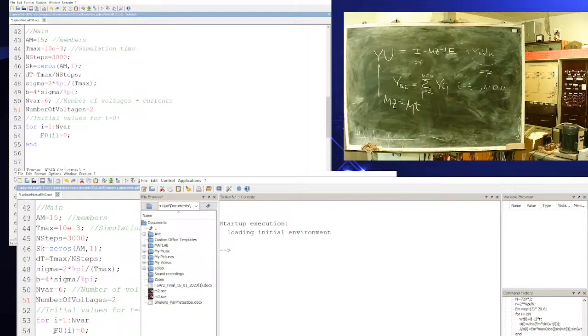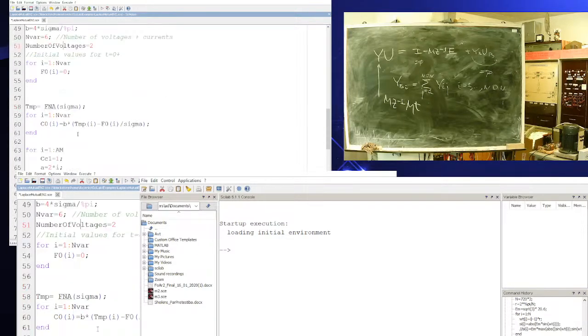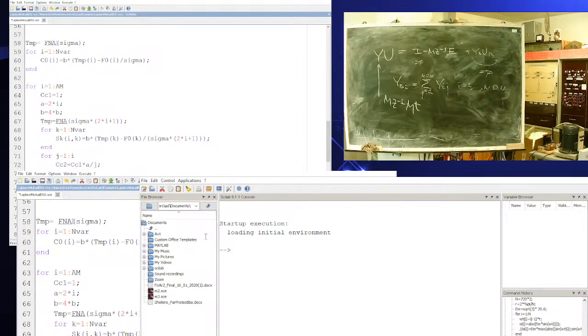For this case, initial values of all variables are zeros. So I simply fill them with 0. And now I call my function. I will need to call it multiple times.